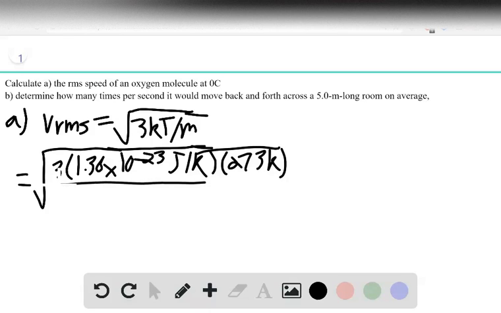all over M. And to calculate M for oxygen, there's 2 atoms in a gas molecule, so 2 times 15.9994, which is about 32.